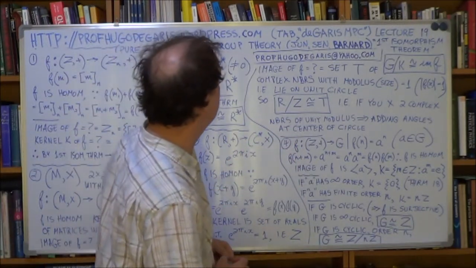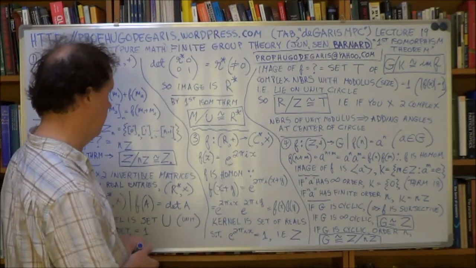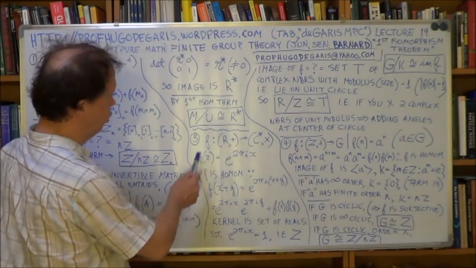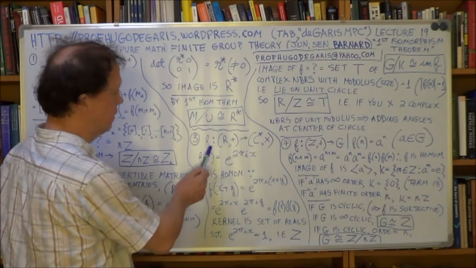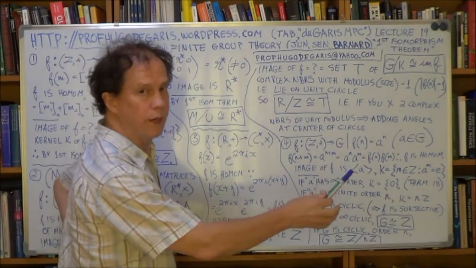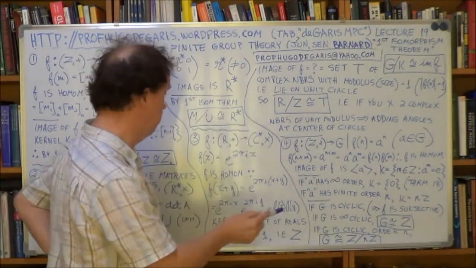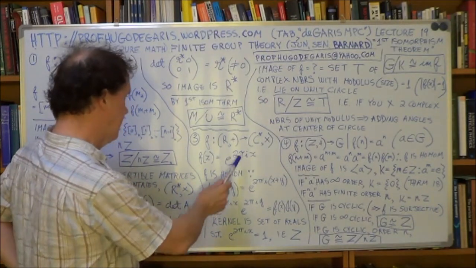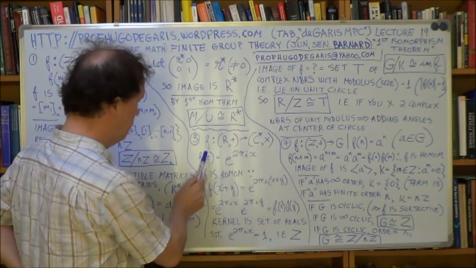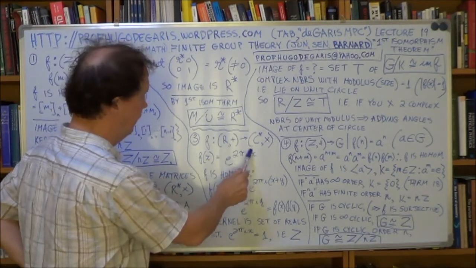How about the image? It's the set of all possible values for f of x, on the right hand side, your group H, that you're mapping onto. So each member of the image of f will have this form.